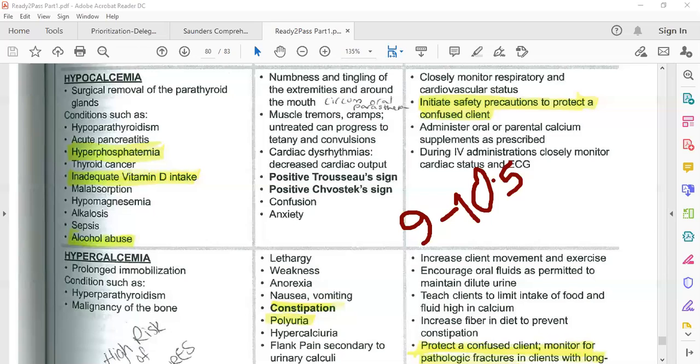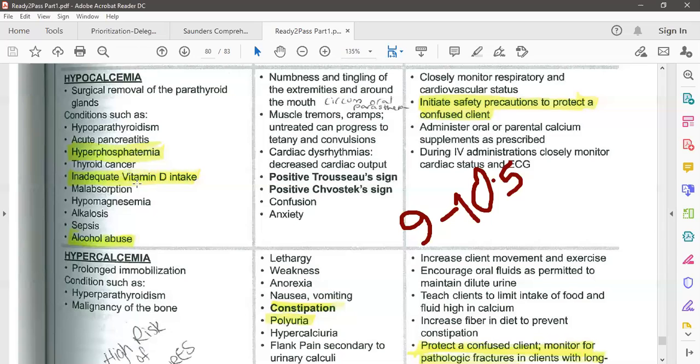As I told you, here we go again. Let me read it. Hypocalcemia, the cause: surgical removal of the parathyroid glands, or other medical conditions such as hypoparathyroidism. If a patient has any thyroid disease, sometimes they go for total thyroidectomy.